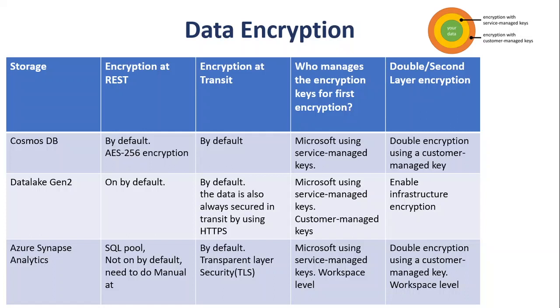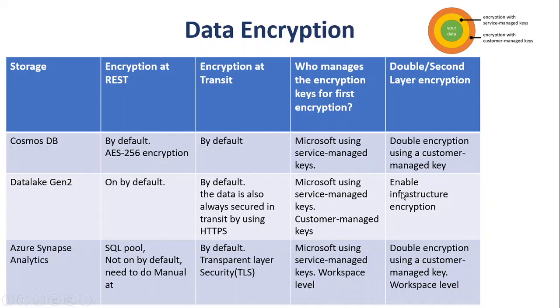So the difference you need to understand is that the workspace is encrypted, not the pool, and data in transit is encrypted by default using Transport Layer Security. Okay, and here also, how this is managed: the first layer of encryption, the keys, are managed by Microsoft, and this is at workspace level.